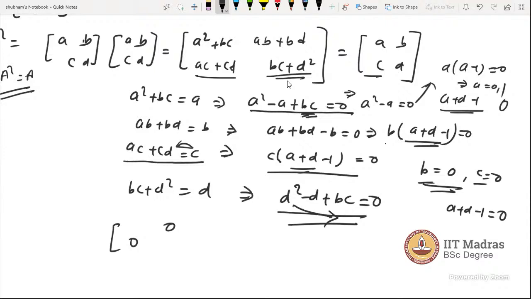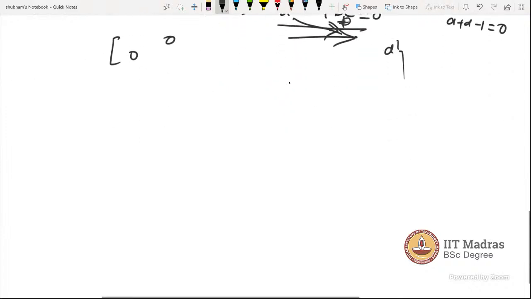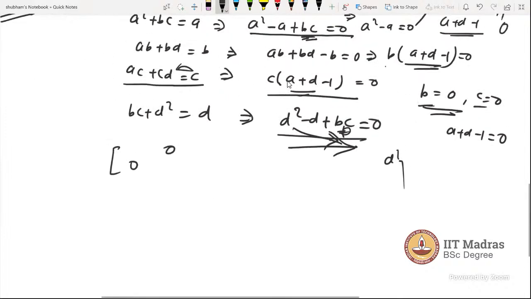Similarly here, this says again B, C equal to 0, and this says D square minus D equal to 0. Again, this says D equal to 0 or 1, as you take D minus 1. That's common.